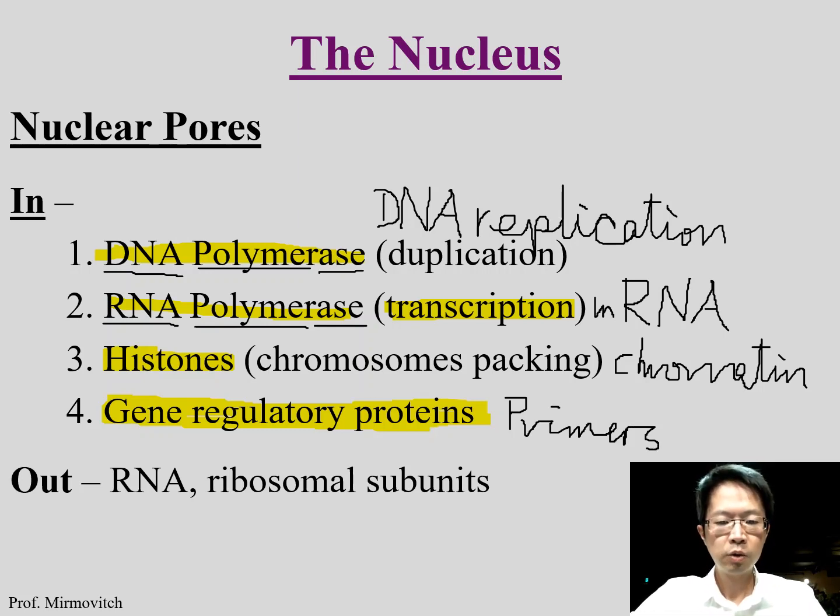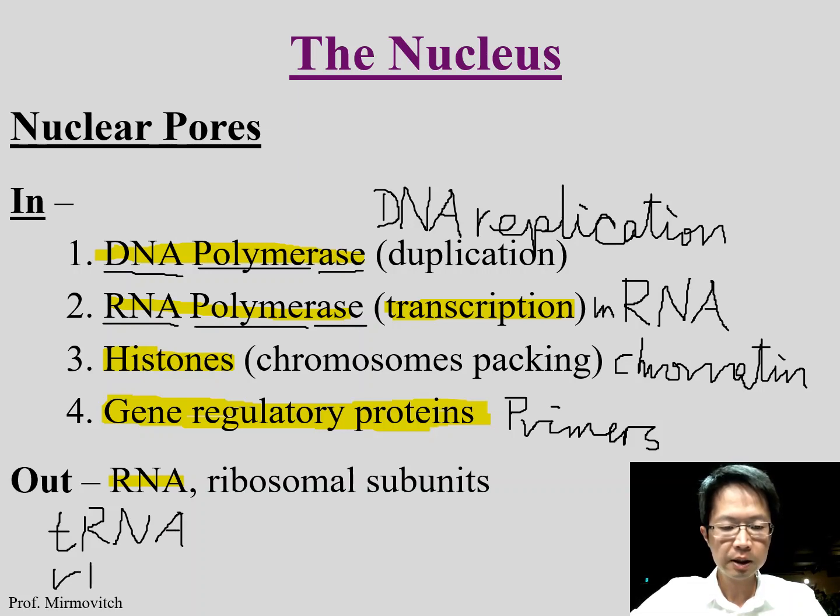Outside of the nucleus, what do we have? We have RNA, yes. What types of RNA do we have? We have tRNA and rRNA. tRNA, T stands for transfer, transfer RNA. rRNA, R stands for ribosomal RNA, which is this one here.